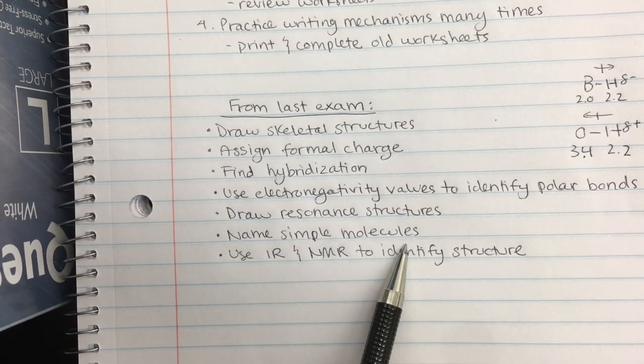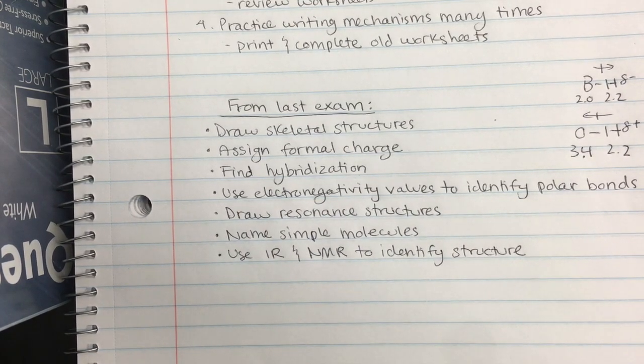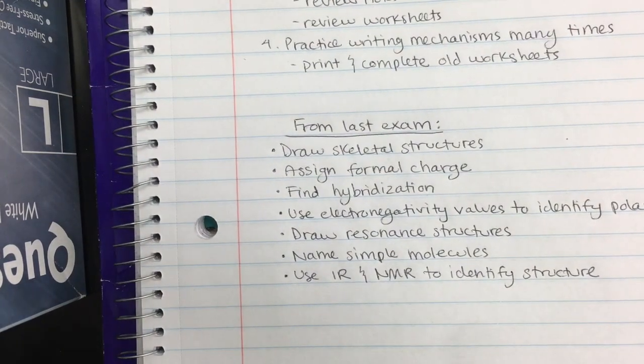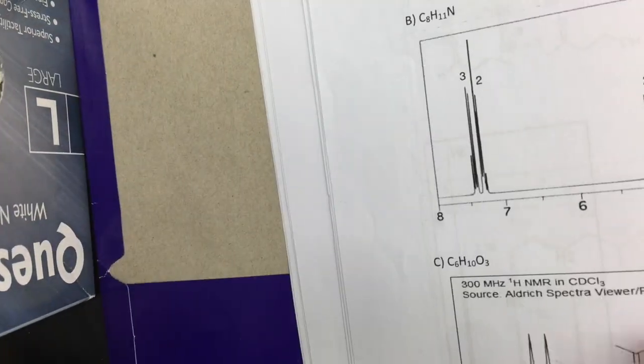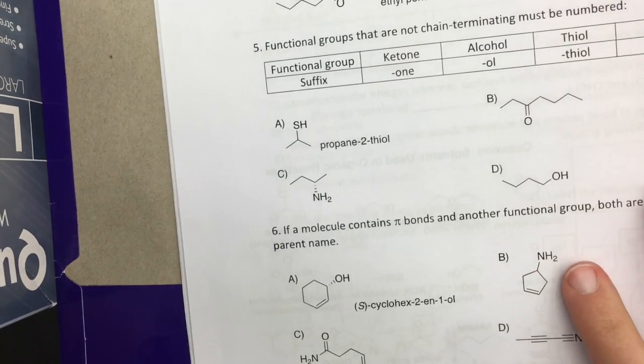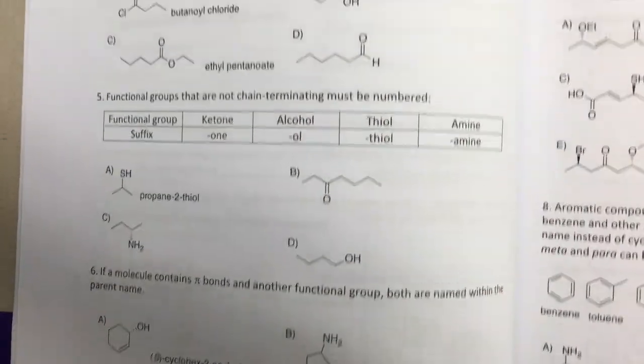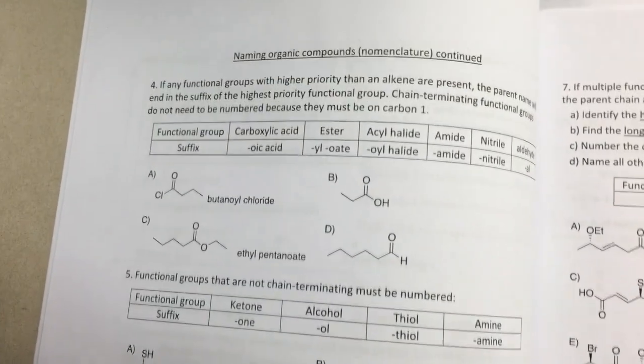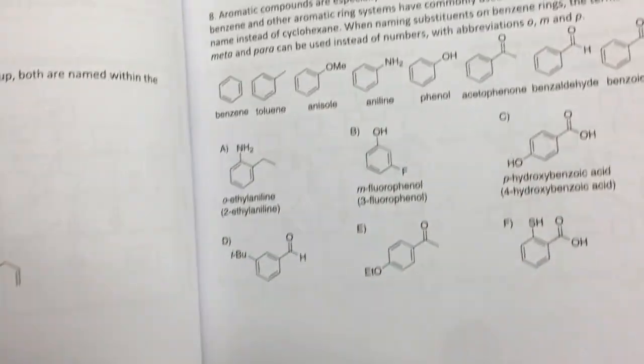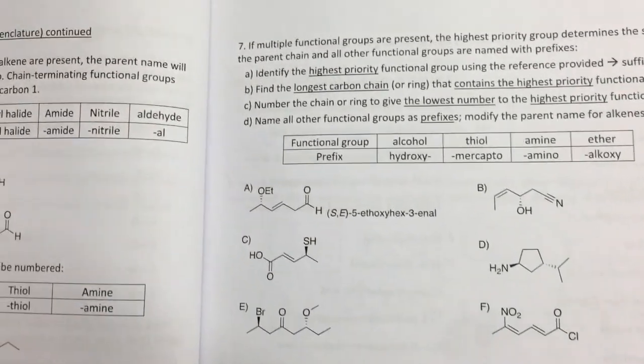All right, then naming simple structures. Let me find, that's right. I put, again, in that same review folder, just the last 2 pages of nomenclature we went over. So these ones. If you go through just these 2 pages, which again, these are posted, that should be a pretty good review of nomenclature.